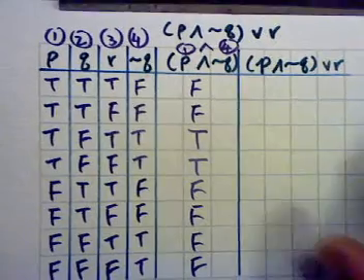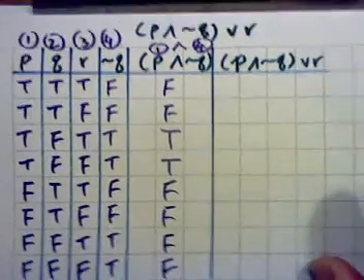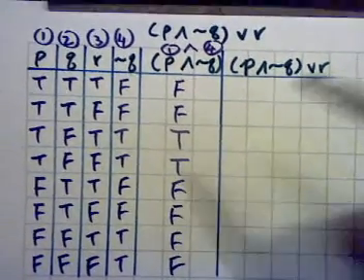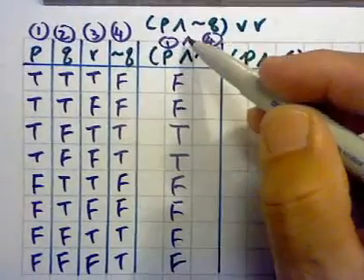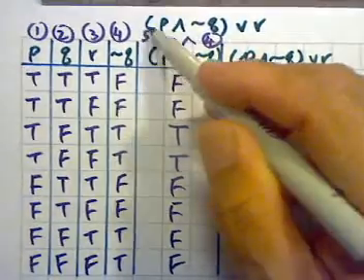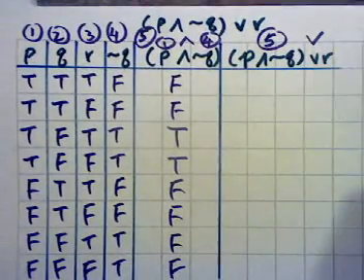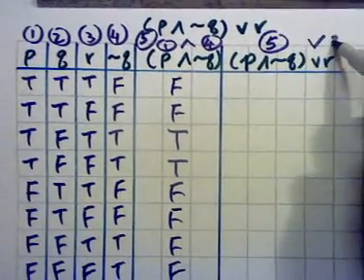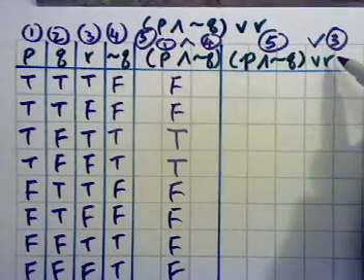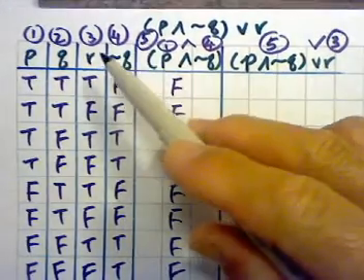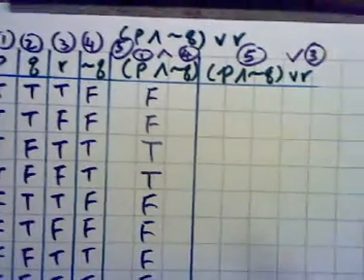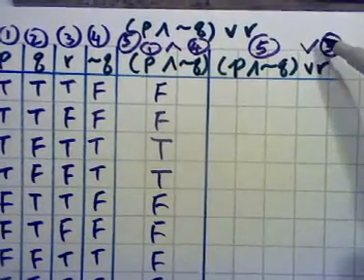Finally, this is my answer column. It's getting a little small, so let me call this column 5. I'm going to look at column 5 and column 3, because R is at column 3, applying the rule for disjunction.